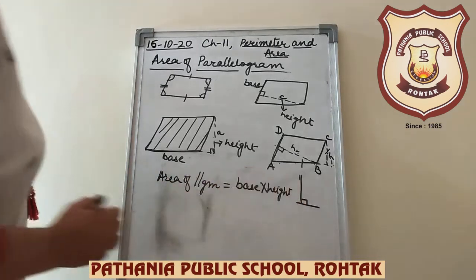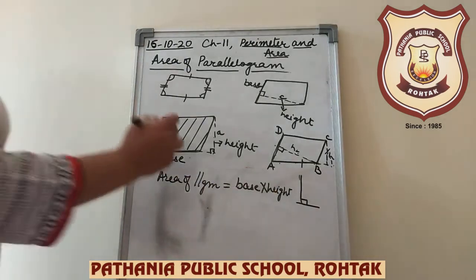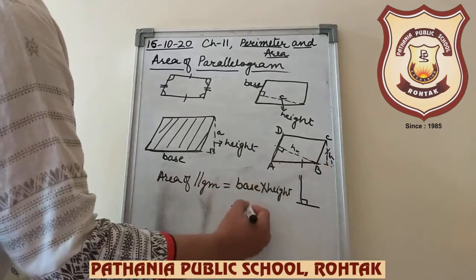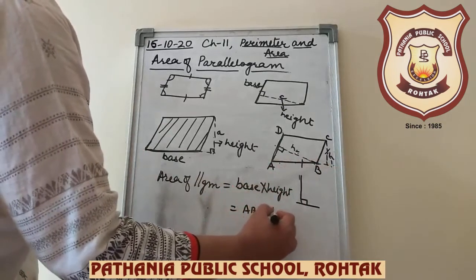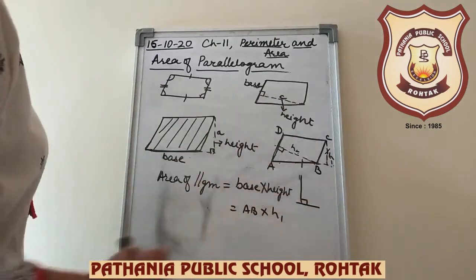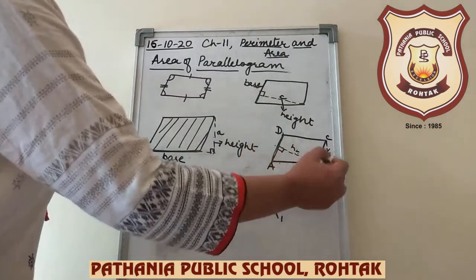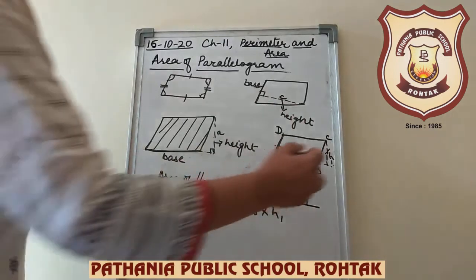Even when my base is AB, the height is h1. You cannot take the base as AD and height h1. No, then it will be wrong.